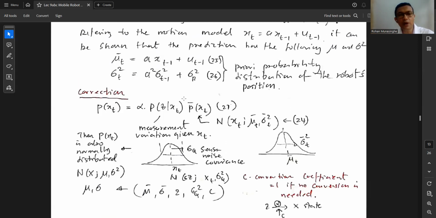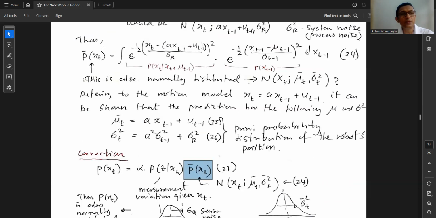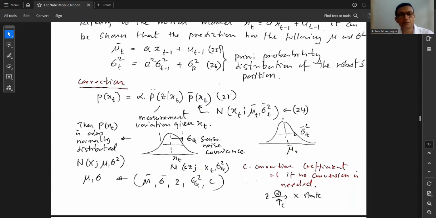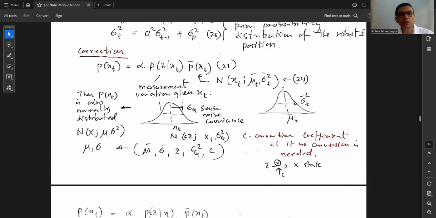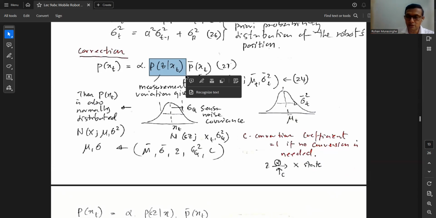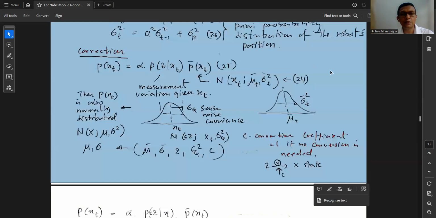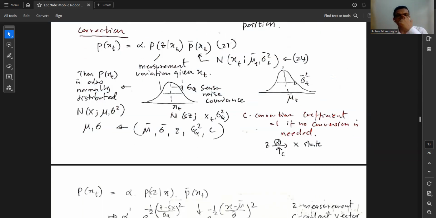Once you have this P bar x t, so that is the predicted probability density function at time t coming from this equation, right? After multiplying the two functions and the integration, you can put it over here. And this is the measurement model, P of z t given x t. So given x t, right, your measurement probability distribution function.